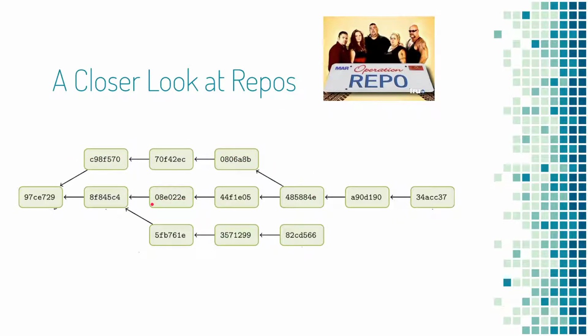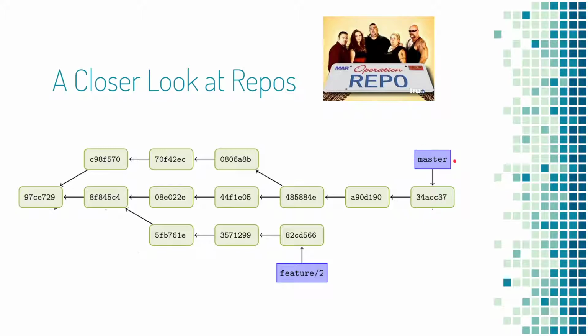So moving on, let's look a little bit at what branches actually are. These are branches. The default branch is usually called master. Some people are trying to change the name of master to main or trunk.